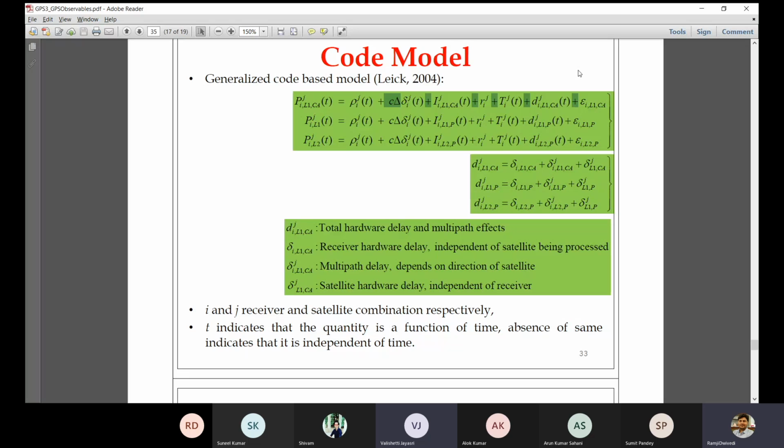All terms are written. The third line is the pseudo range between the ith receiver and jth satellite for the P code modulated over L2. L1 and L2 are the carriers.